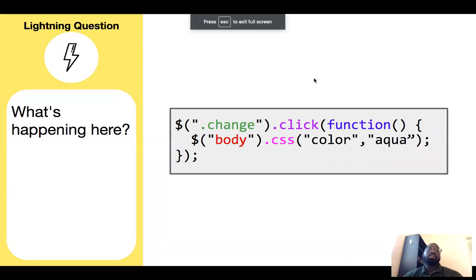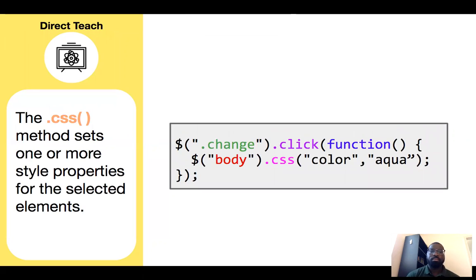Okay, here we have a new action. What do you think is happening here? So the .css method sets one or more style properties for selected elements. All right, so here we have an element with the class of change.